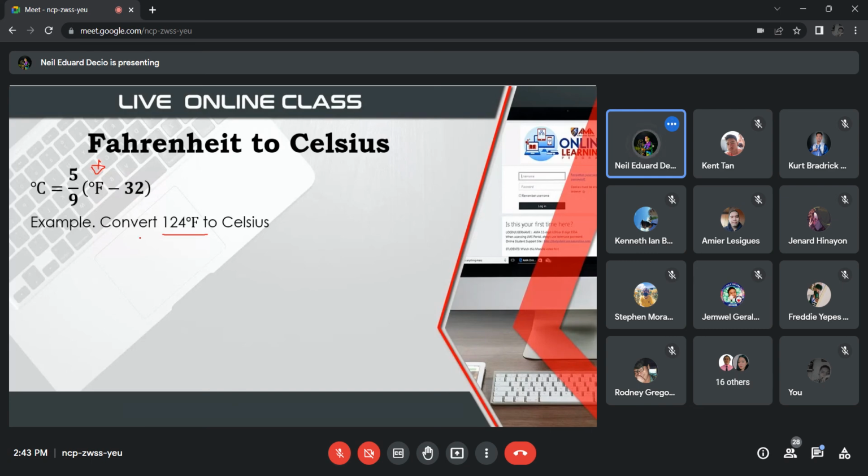And then, simplify na lang. Okay, so let's try this example. Example, convert 124 degree Fahrenheit to Celsius. Okay, so this will be equal to 5/9 multiplied by 124 degree Fahrenheit minus 32.